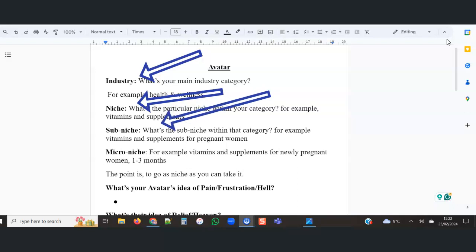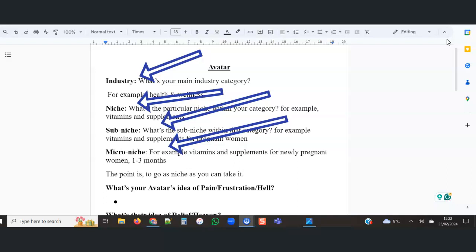What's happening here is we're getting clearer and clearer and more defined to try to get the perfect description of your customer avatar, making it as unique as possible, if you will, or as defined as possible. I'll give you an example here. So in this case, it would be vitamins and supplements specifically for pregnant women, and so on we go.